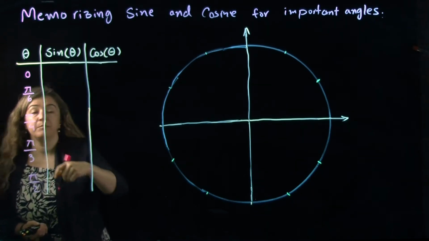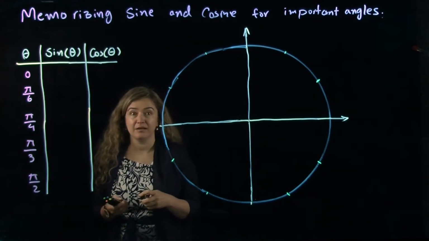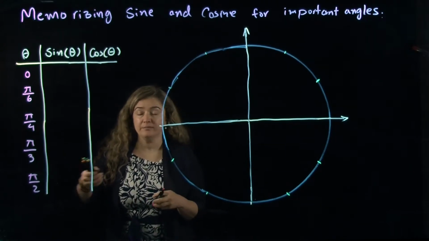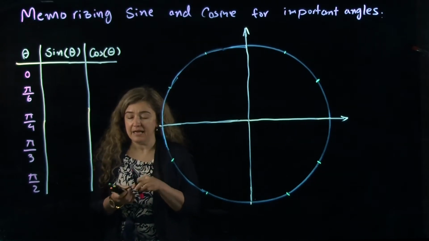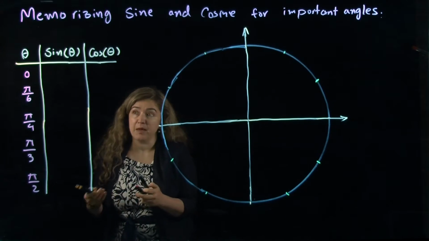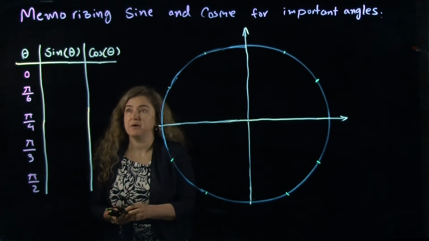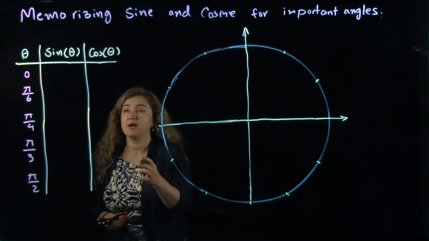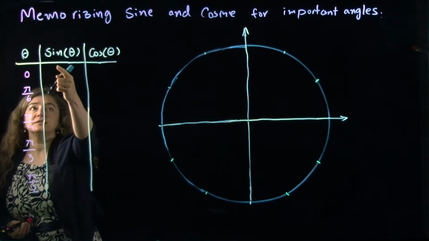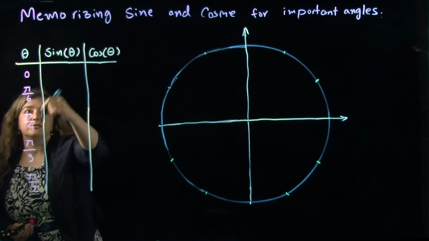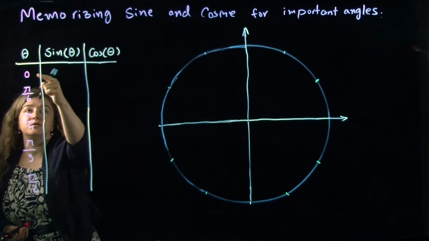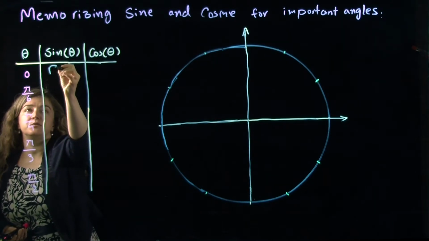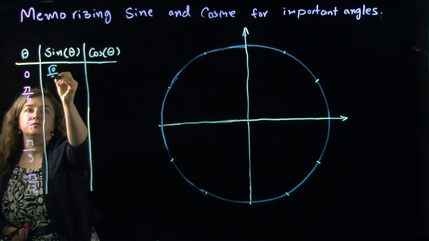So if I put them all in increasing order, you might have memorized it already, but here's a very cool way of memorizing it. Sine of these angles is going to be, for 0, square root of 0 over 2.